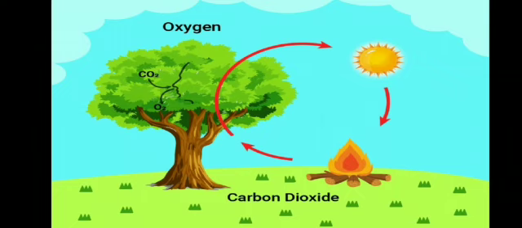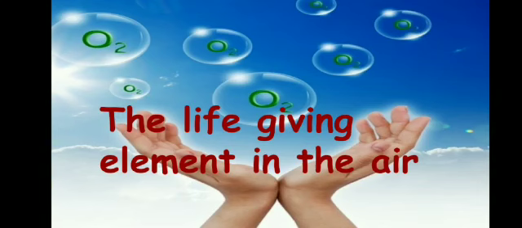Humans inhale oxygen and exhale carbon dioxide, whereas trees exhale oxygen and take in the carbon dioxide which we release. So, as we have said, the life-giving element in the air is oxygen.